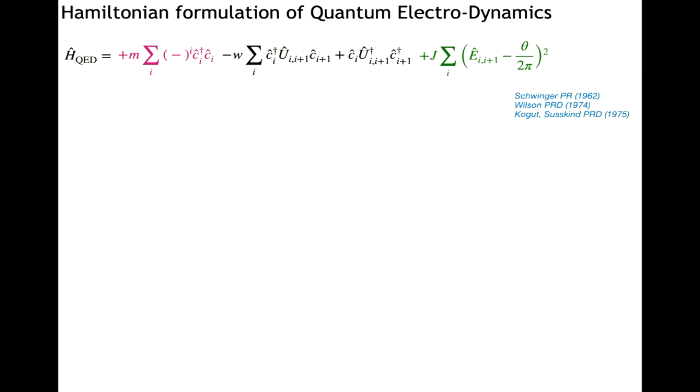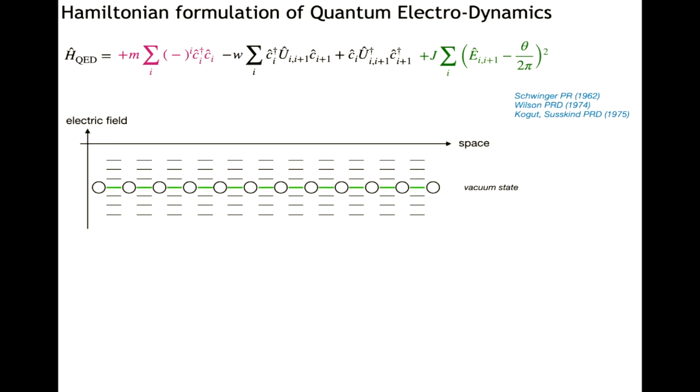So we want to put this complicated matter and gauge dynamics, we want to encode it in our quantum simulator, right? Basically, before that, let me try to visualize what kind of processes happen in this theory. So imagine we start from the vacuum, right?